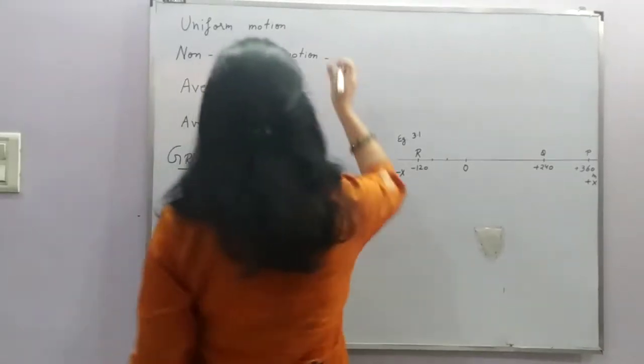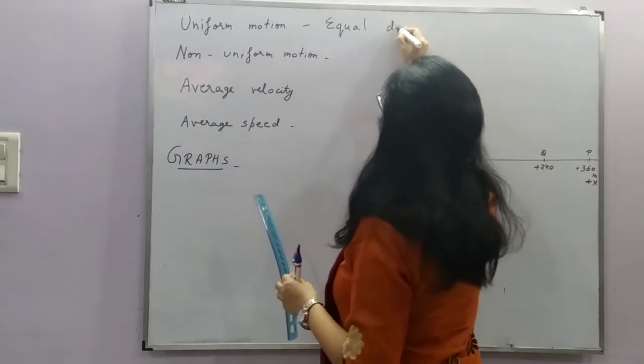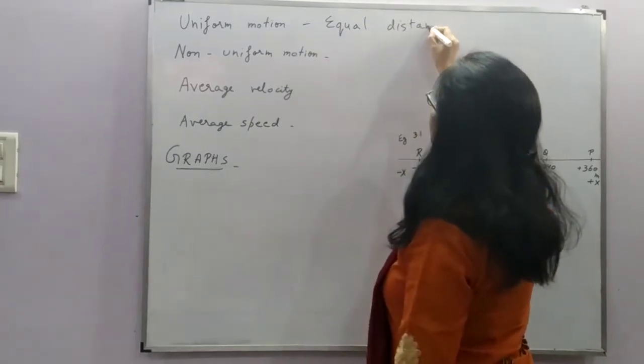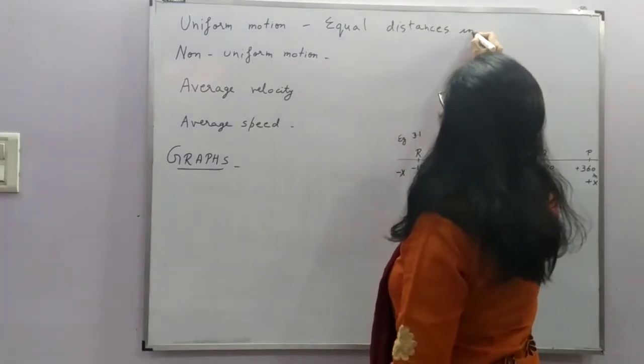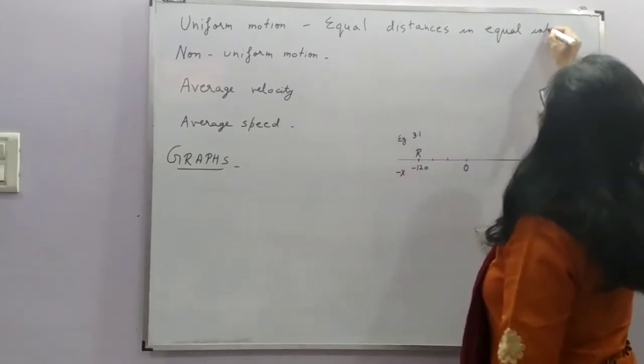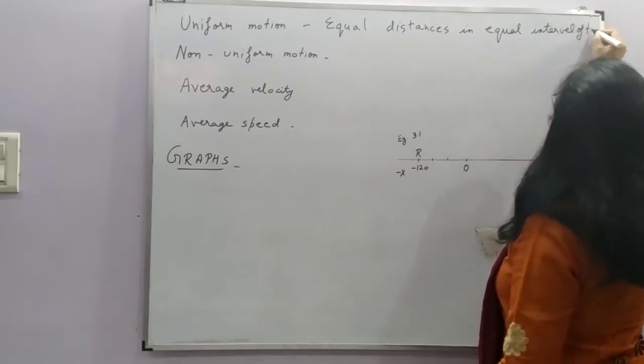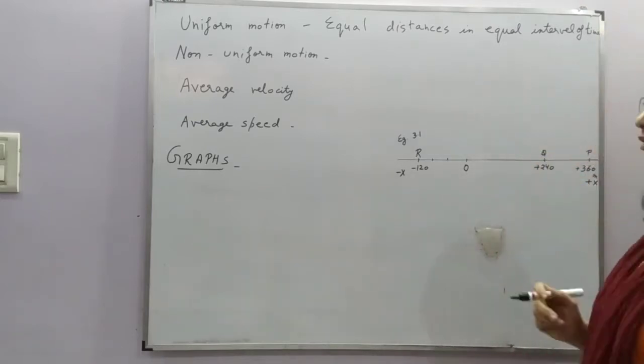Right? So here we can say that if it covers equal distances in equal intervals of time, then we say that it is in uniform motion.